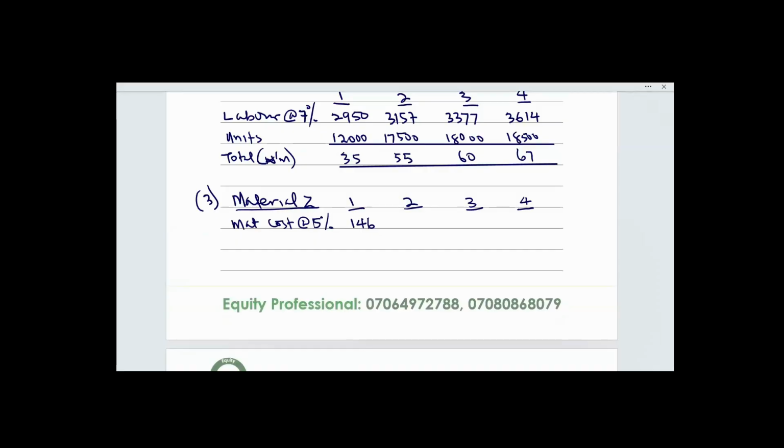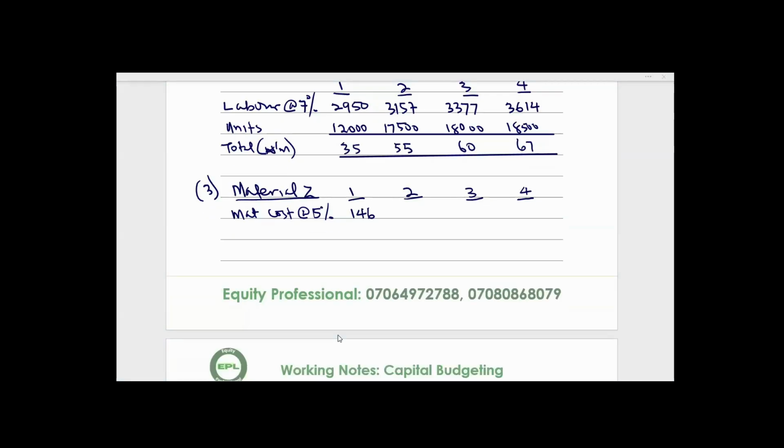Therefore, I will bring out my calculator. 1.05 multiplied by 146 equals 153. What you have in the calculator multiplied by 1.05, that is 161.